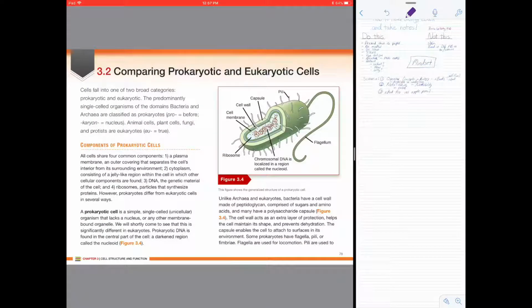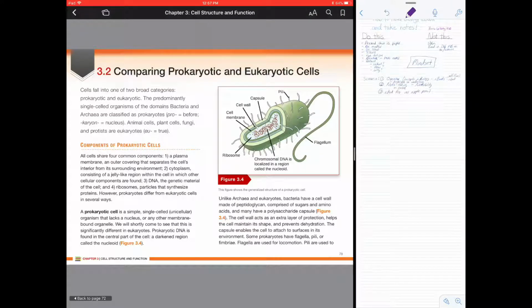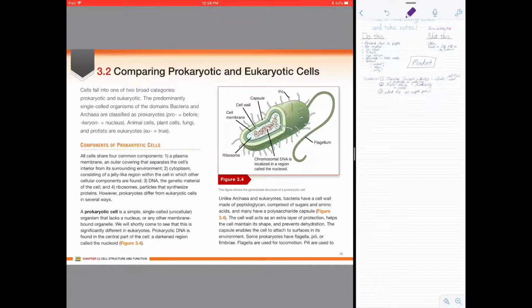Now I'm going to change the screen, all right? So now I am in the OpenStax book. If I tap up here, I can see that there's a table of contents. I'm just going to stay where I'm at, and I want to demonstrate how I'm going to be doing this. So I am in iBooks, and I'm going to come down here, and I see a prokaryotic cell is a simple single-celled unicellular organism.